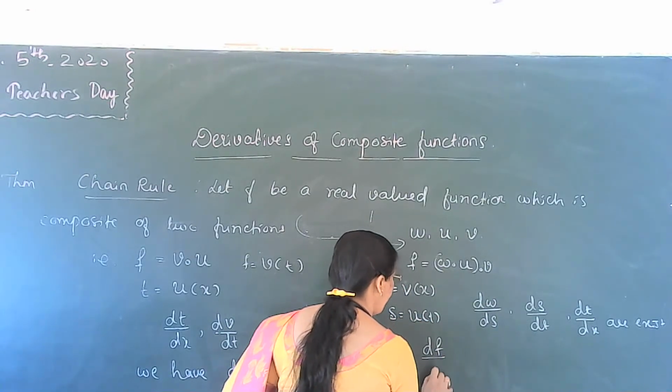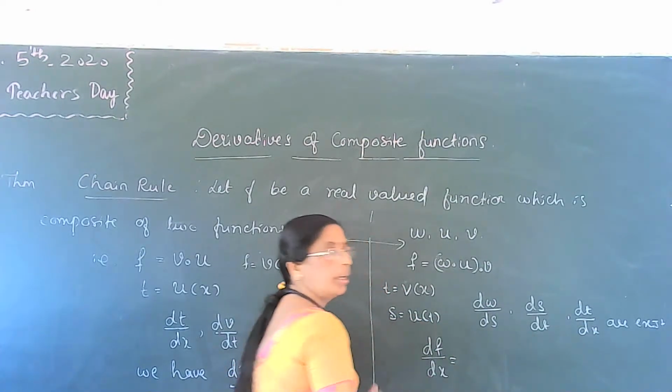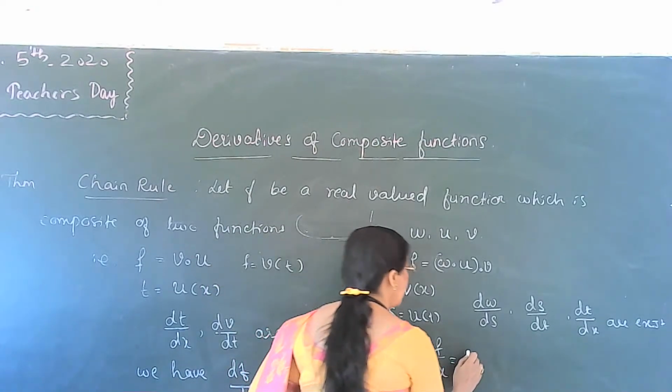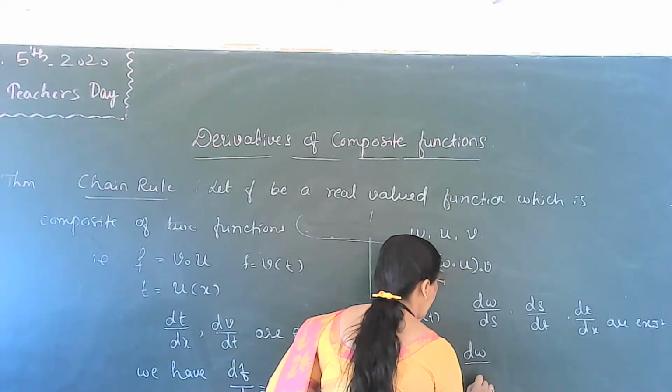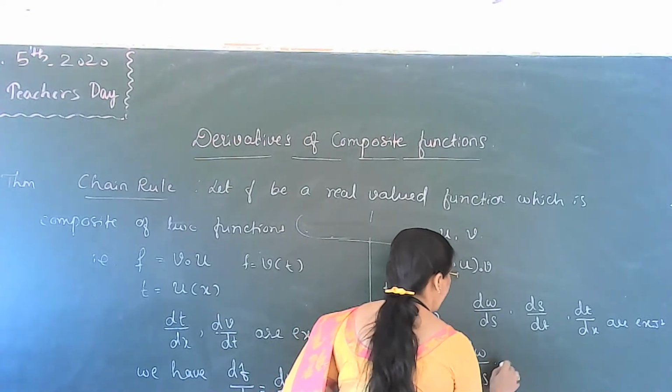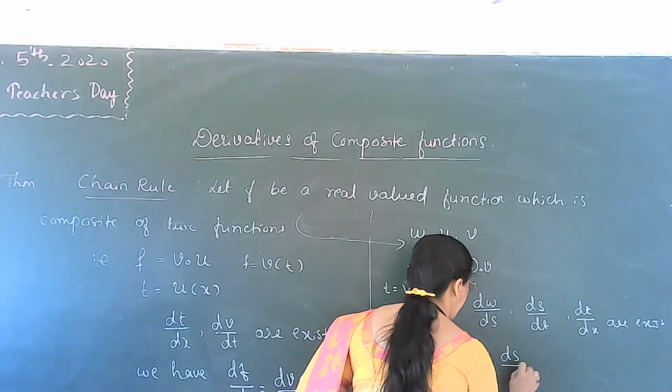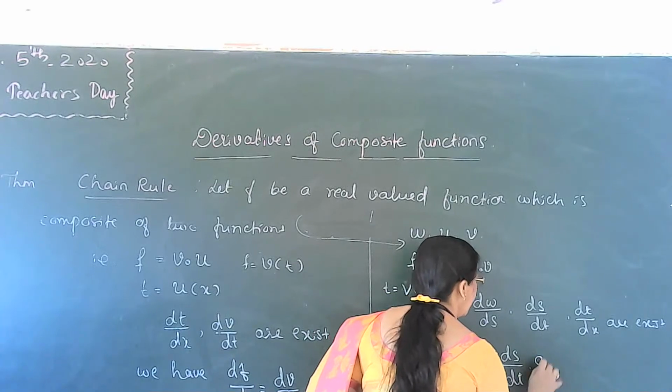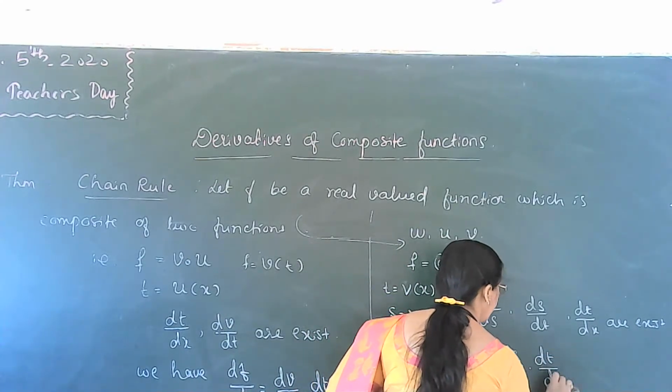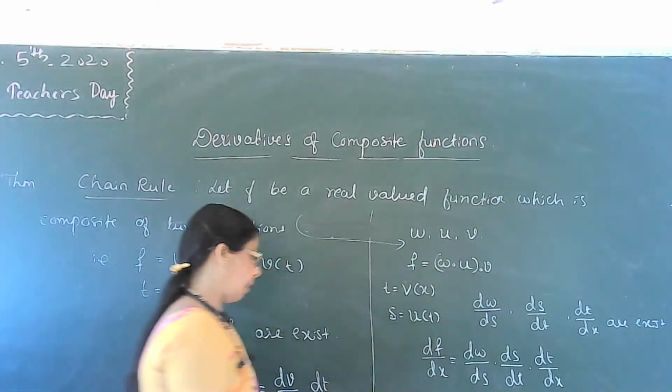Then we find df by dx. df by dx is equal to dw by ds into ds by dt into dt by dx.